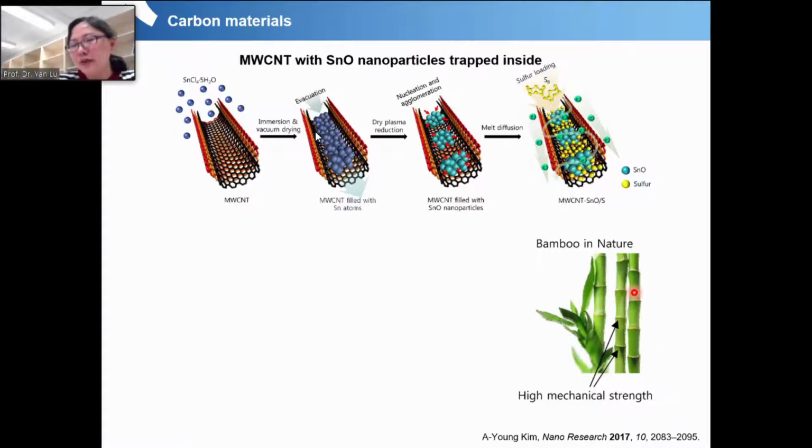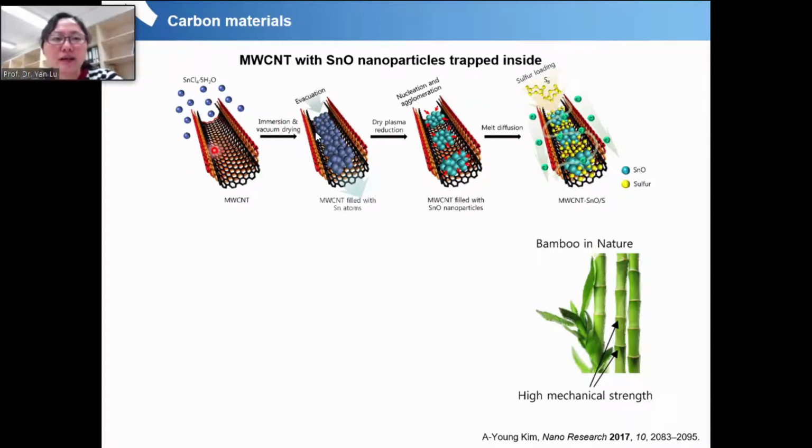And we know bamboo is a very good structure for construction applications due to its extremely high mechanical strength. This is a natural structure which can give such higher mechanical strength. So that's why the authors take this as a good example and try to design their cathode material based on this structure.